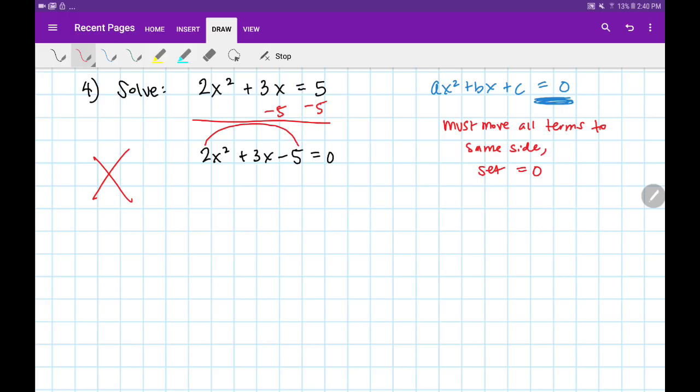So we need two numbers that will multiply to the negative 10, multiply 2 times negative 5, right? That's how I got negative 10. And then it has to add up to the middle term, which is positive 3. Can you think of numbers that multiply to 10 and add to 3? Add or subtract. So the numbers would be 5 and 2, but one of them has to be a negative.